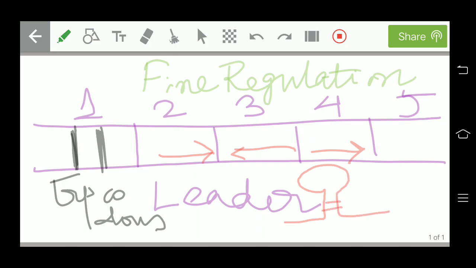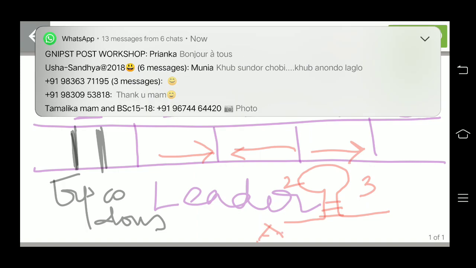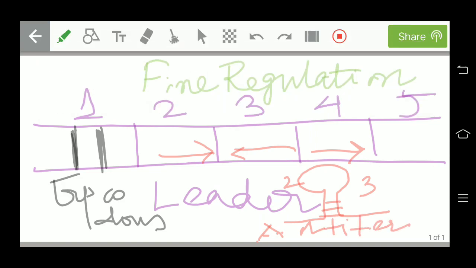So if 2 and 3 is complementary, it will form a stem loop structure. So it is forming a stem loop structure, that is your 2 and that is your 3. And this particular loop is called anti-termination.